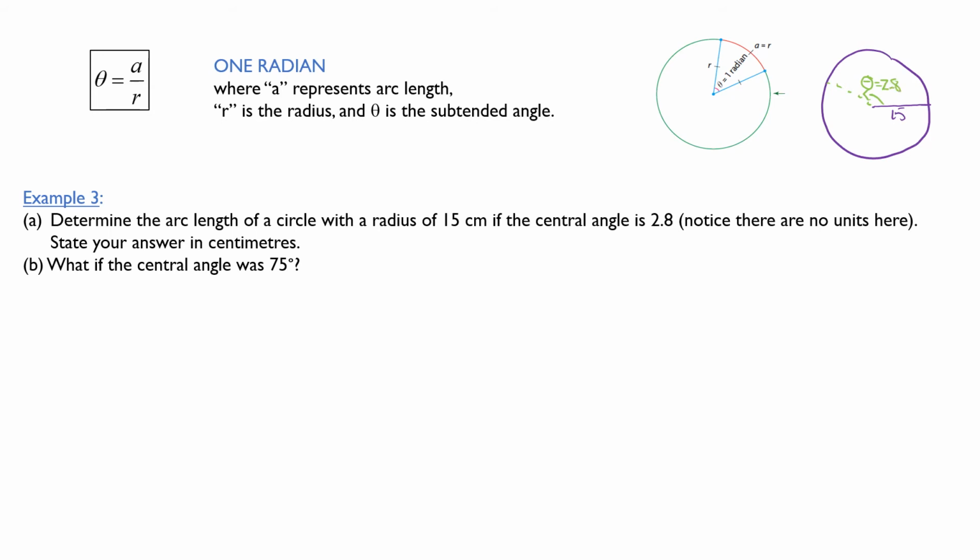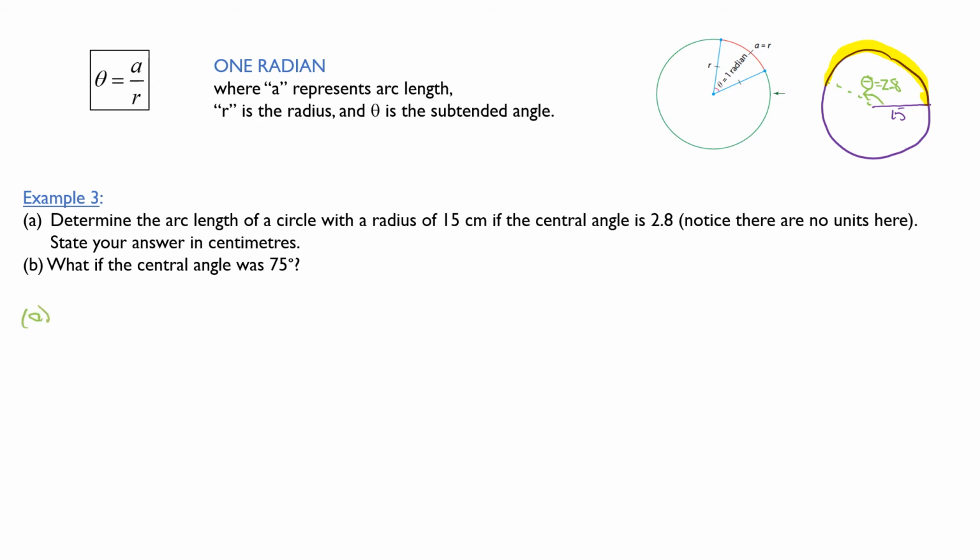We're not talking about degrees, we're talking about radians now. And the question is asking us for the arc length. This is the arc length here. This is what we're trying to find out. What is that length given this information? So let's use our formula, the formula that is in the box on the top left for part A.